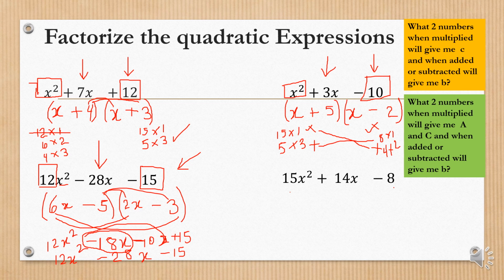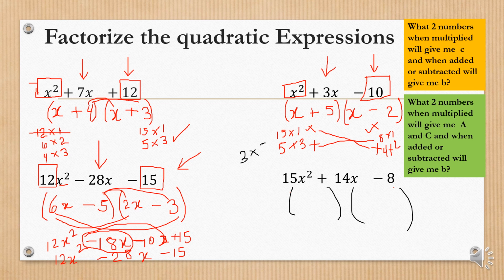Now if you notice what I have been saying, I have been saying 15 by 1 or 1 by 15. I've been saying 5 by 3 or 3 by 5. I used 15 by 1, that didn't work. I used 5 by 3 and that didn't work, but Miss have been saying 3 by 5.